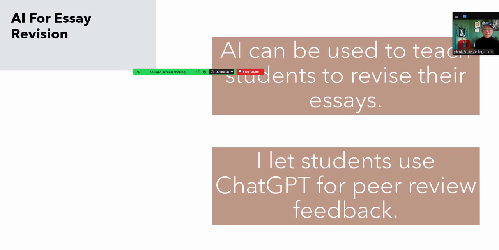Students have until Wednesday to post an initial rough draft of their narrative essays. And then they have from Wednesday to Sunday to use ChatGPT to peer review each other's papers.